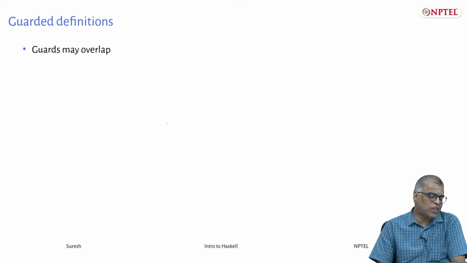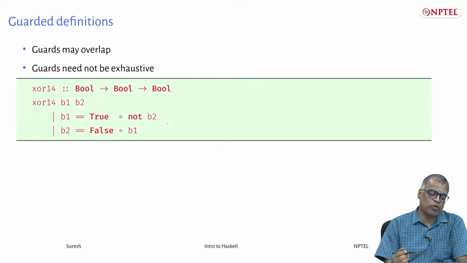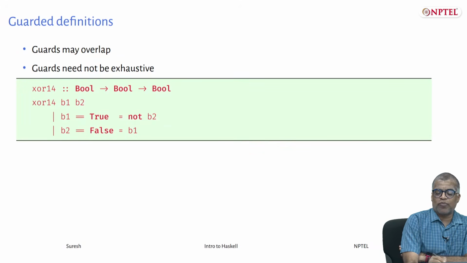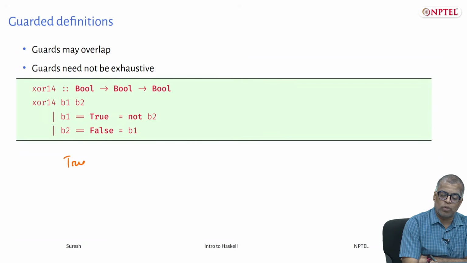Now some facts about guards. Guards may overlap. So for instance, I might say XOR 14 B1 B2. If B1 is equal to true, then return not B2. If B2 equals false, return B1. And both the guards are true for true false.